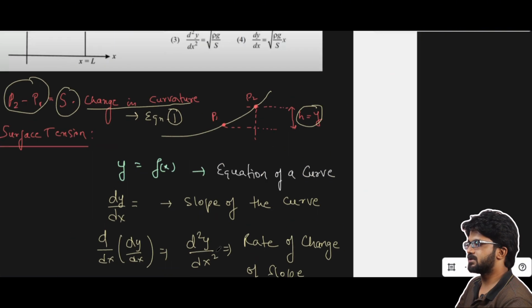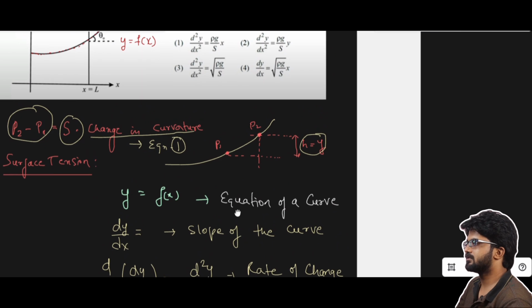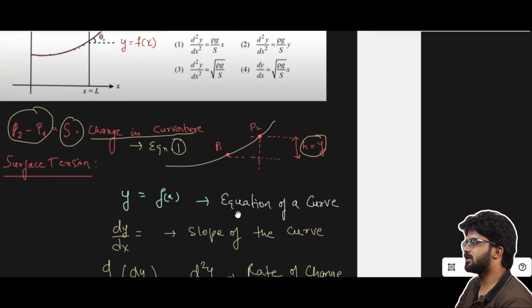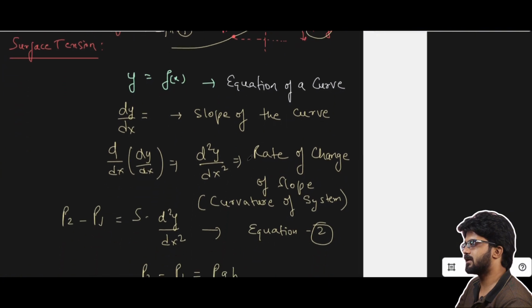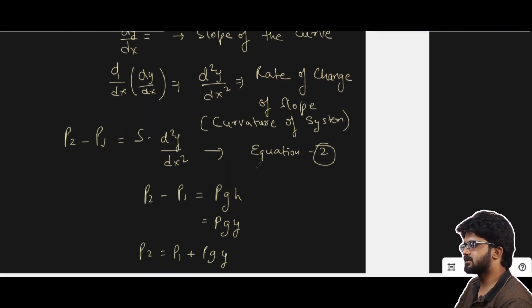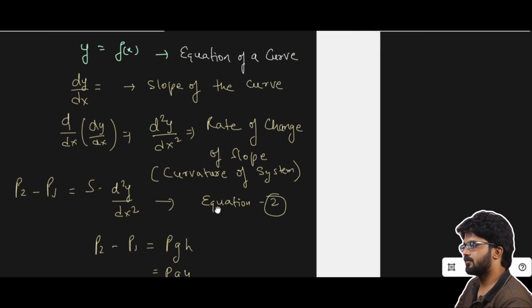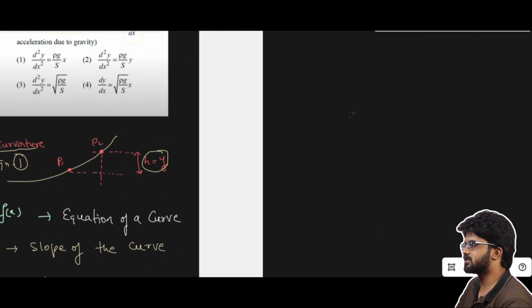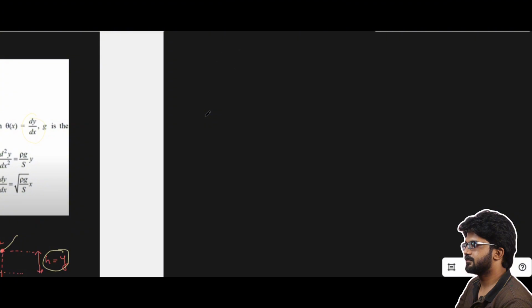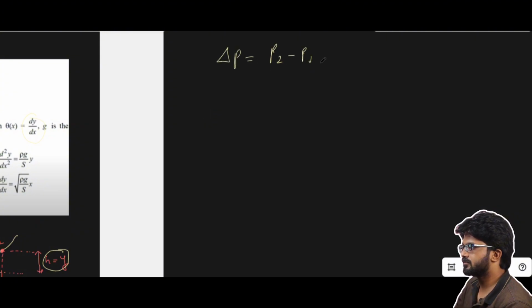So this is the change in pressure. So what do we have to find? We have to find an equation in terms of d square y by dx square, rho g and S. So we can directly substitute this in equation number 2, and we find that the change in pressure delta P is equal to P2 minus P1, which is equal to rho g y.